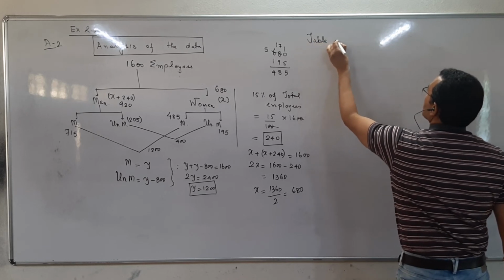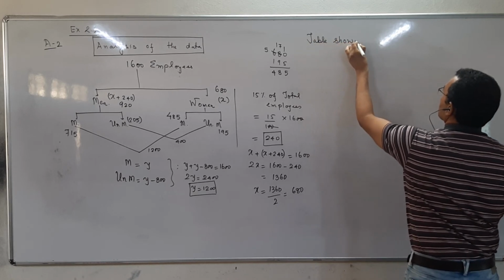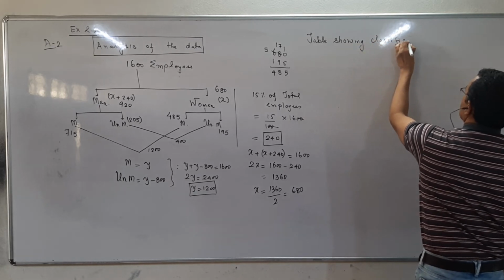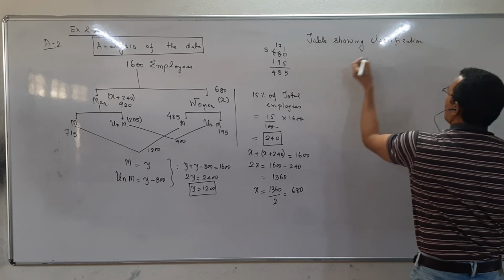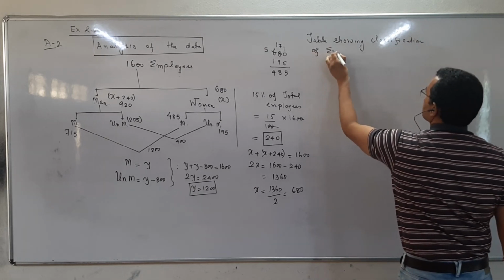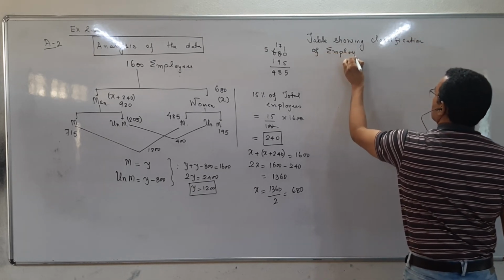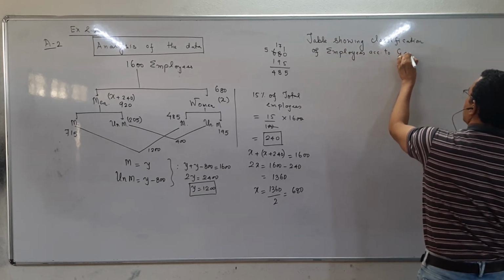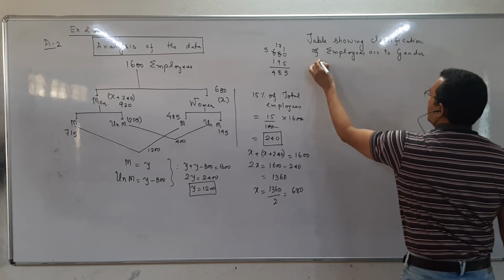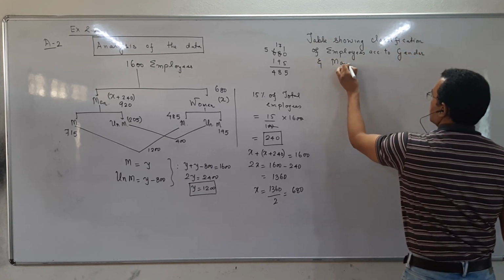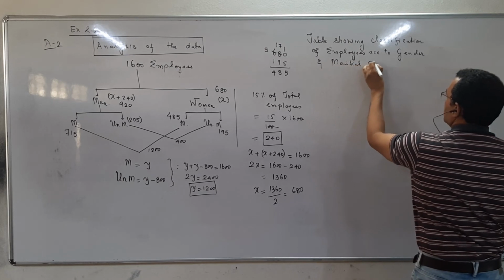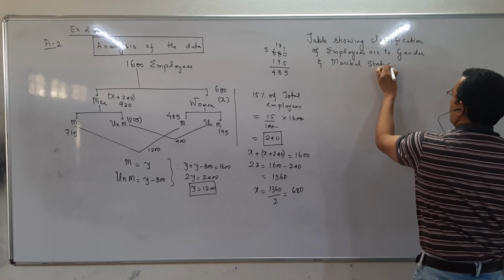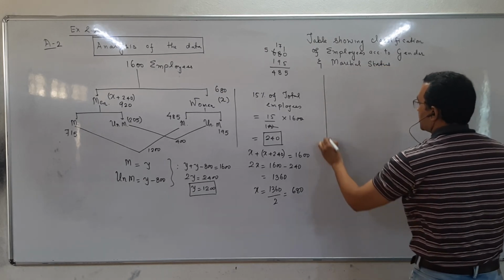Table showing classification of employees according to their gender and marital status. It's married or unmarried. Table is very simple.